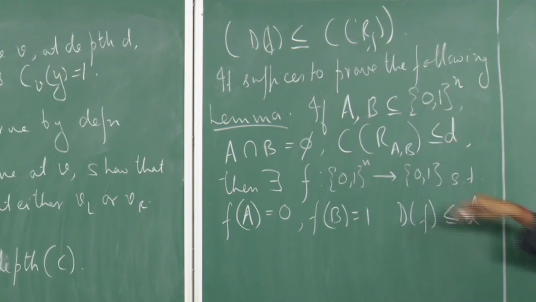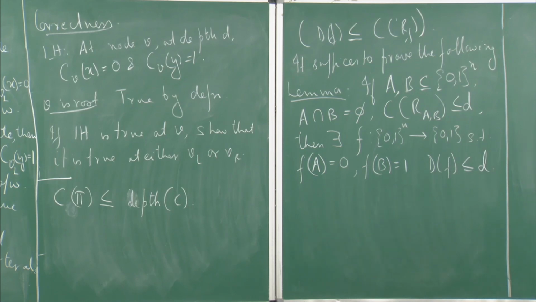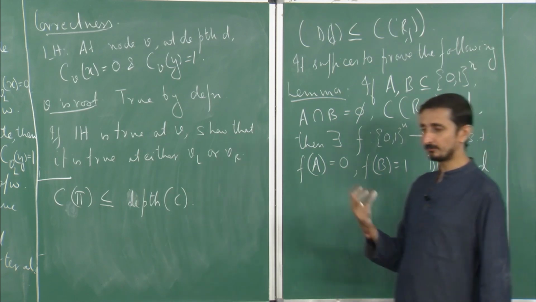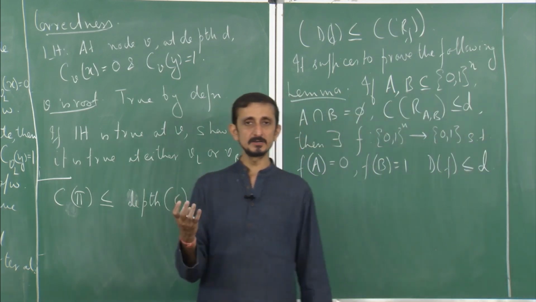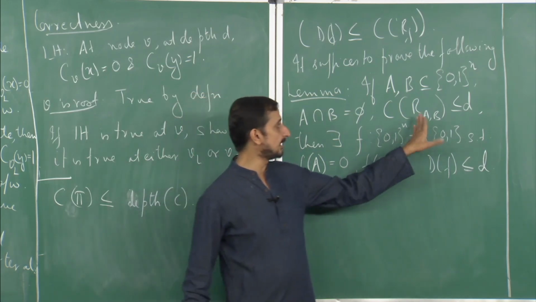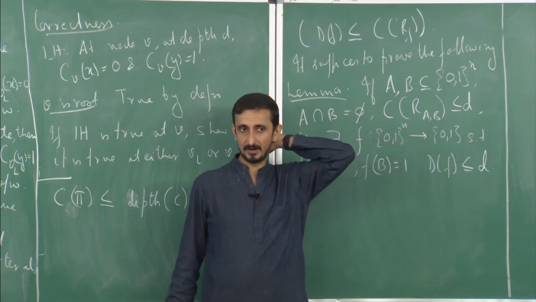But how does this give us that C of Rf is less than d? What does it mean to say that C of Rf is less than d? C of Rf is less than d if A were to be f inverse 0 and B were to be f inverse 1.